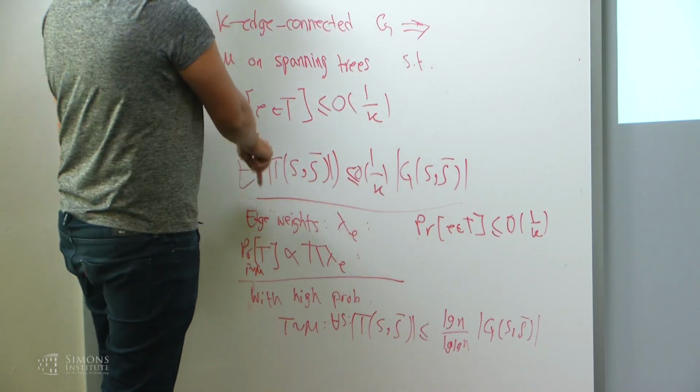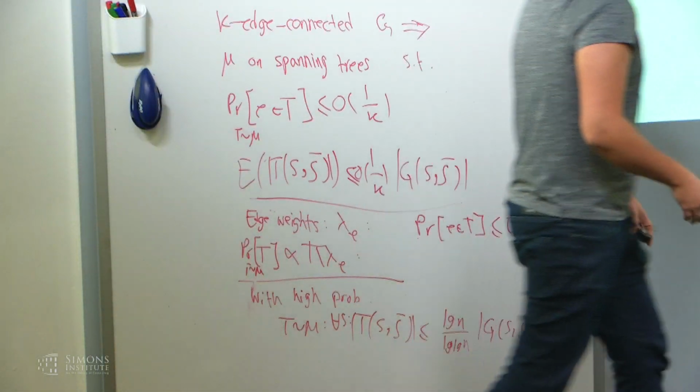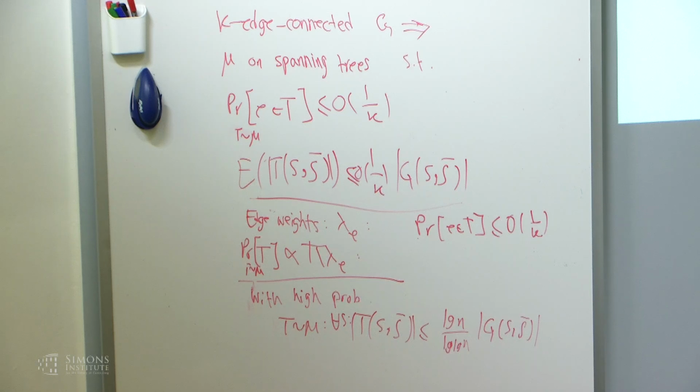So we are going to work with this special distribution later on. But that's what you get from just random spanning trees.